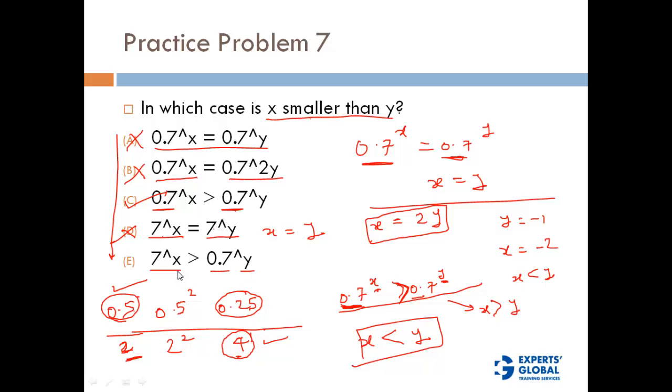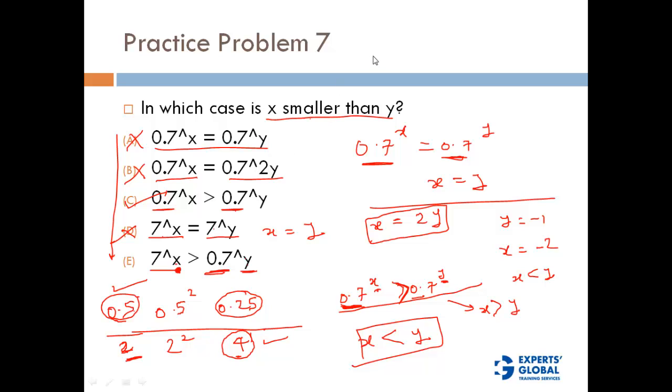Now you will see that 7 raised to x, at least for positive values of x and y, is always going to be greater than 0.7 raised to y. Also, we can have any value for x and any value for y. There is not any definite relationship between x and y.